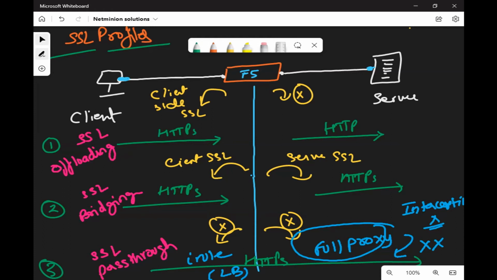Yes, it's passed through. It's not acting as a proxy here. It's just passing it through. There's no proxy architecture at all.